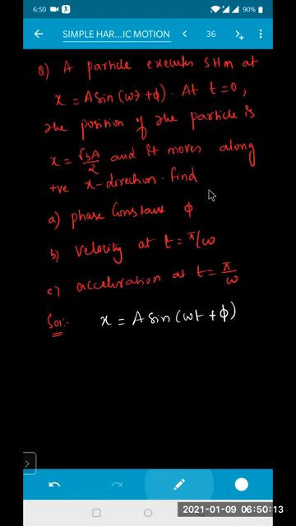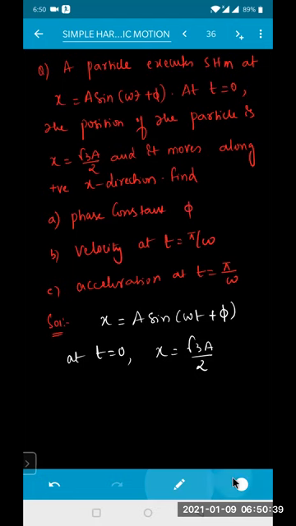At what position? t is equal to 0. A particle is executing SHM at x is equal to A sine omega t plus phi, and at t is equal to 0 the position of the particle is given. At t is equal to 0, x value is root 3 A divided by 2, and it moves along the positive x direction. Find the phase constant. So you use this equation.